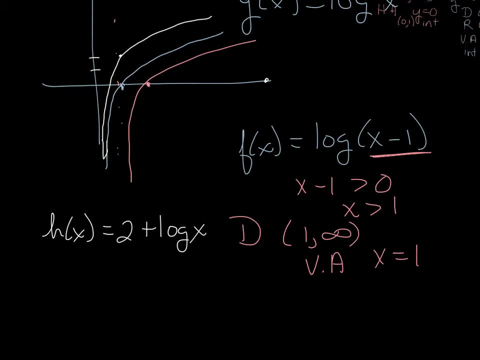What's the y value if my point's on the x-axis? Oh, 0. So that means I'm going to set this equal to 0 and solve to figure out what my x-intercept is. So we can subtract 2 from both sides.